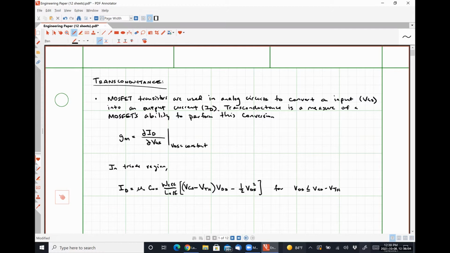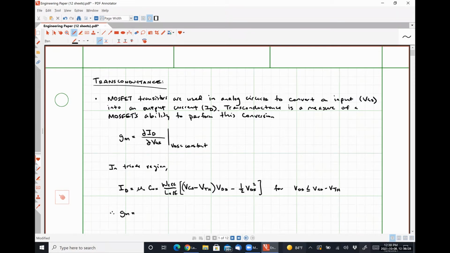So from this, our transconductance is just the derivative of this with respect to VGS. It should be fairly straightforward to see that we have this constant term out front times VGS minus VTH times VDS.